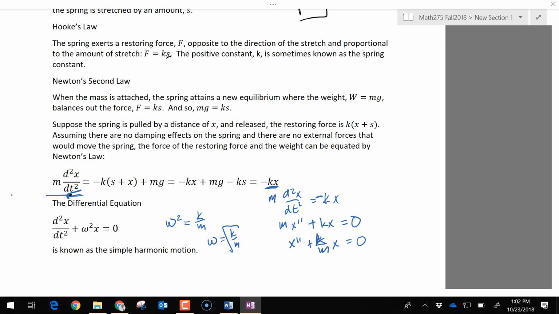Because when you take the square root of that, it'll turn out to be omega times the imaginary number, and then we just say it's going to be the sine of omega.